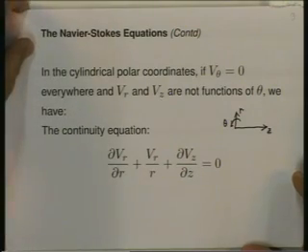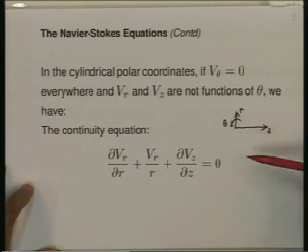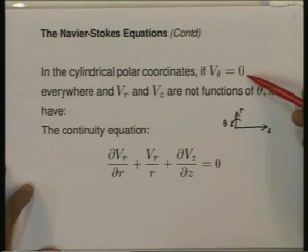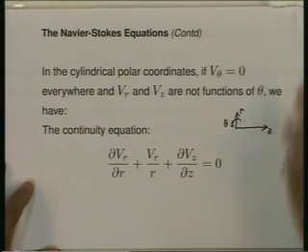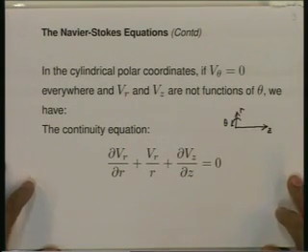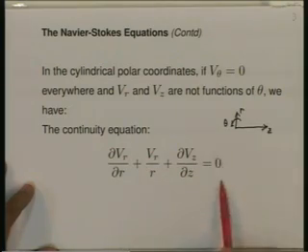The simplified form of Navier-Stokes equations for this axisymmetric situation without swirl and with all the other assumptions like steady state, incompressible, laminar, etc., the continuity equation reduces to this form. The momentum equations look a bit more complex, but the structure remains the same.